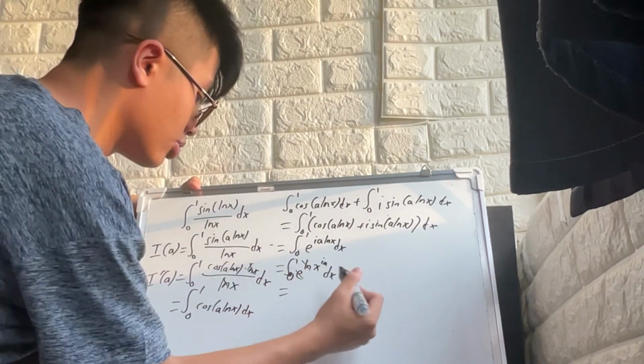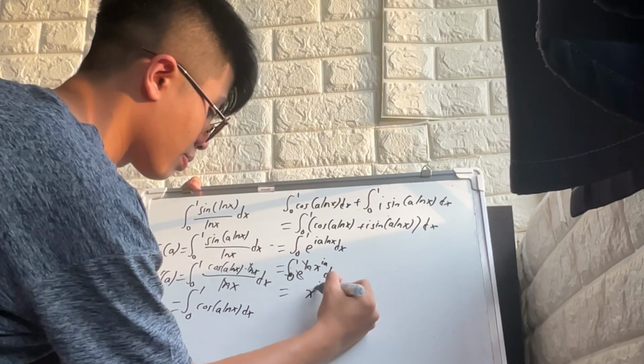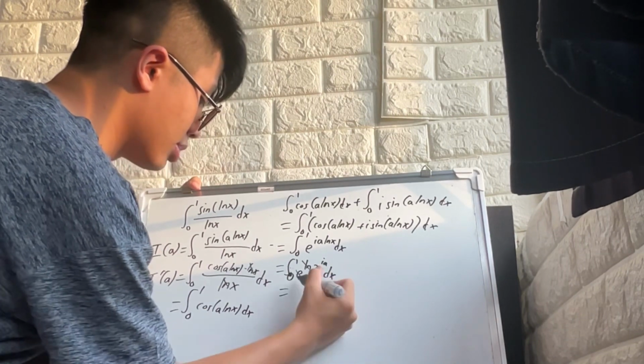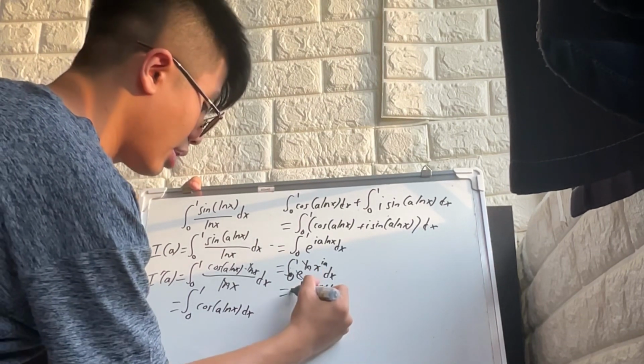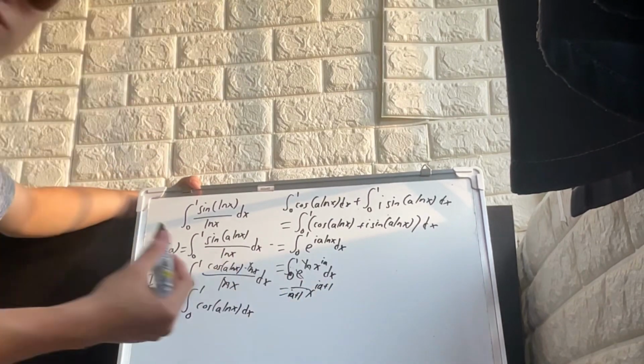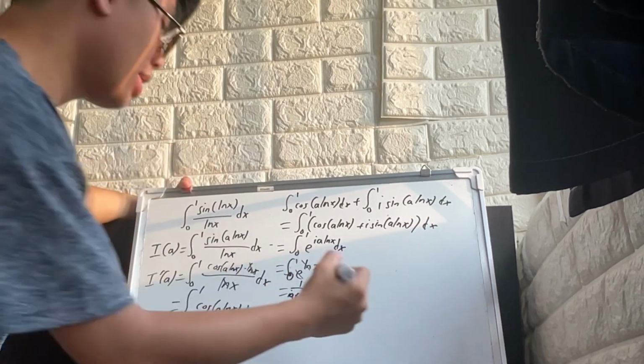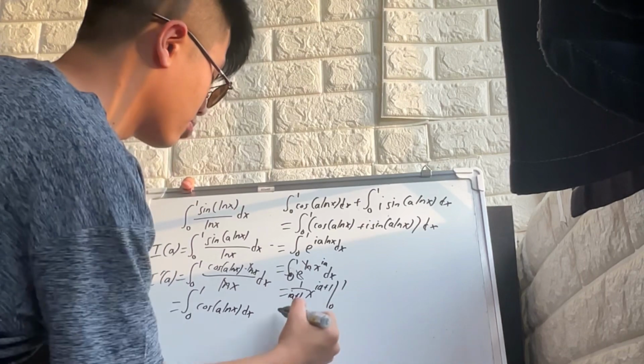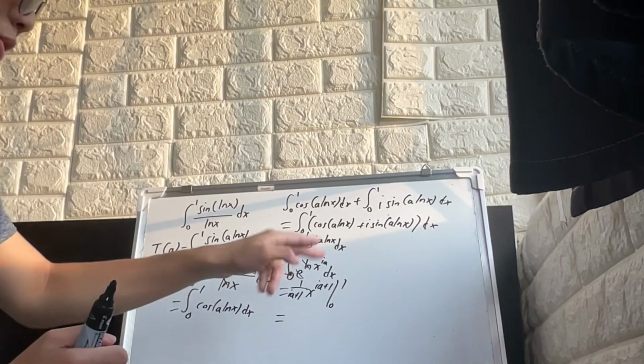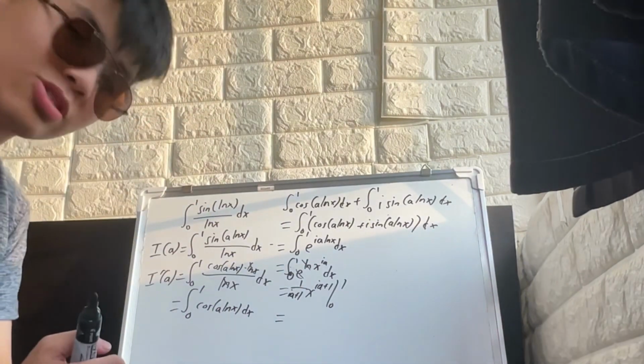So for the power rule, just add 1 to the power divided by the new power, which is the same as 1 over (ia plus 1) multiplied by that, right? Evaluating from 0 to 1, we put 1 into it. 1 to the power of anything is just 1.